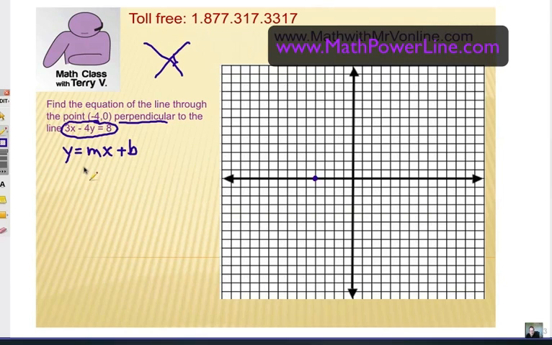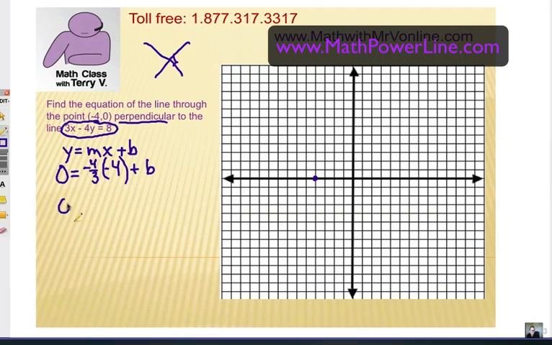Now, the final step is we know the slope is -4/3, and that's going to be substituted in the place of m there. We need to know the y and the x values here, and we do happen to know a point that's on that line, (-4, 0). So y is 0, and x is -4, and substituting those values in leaves me with a way to figure out b.